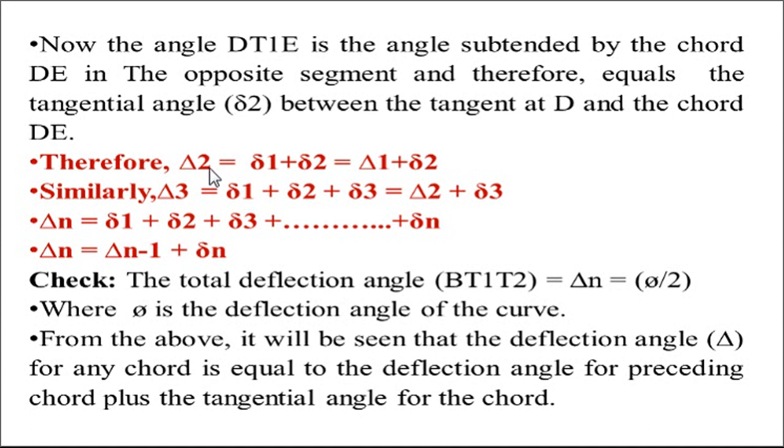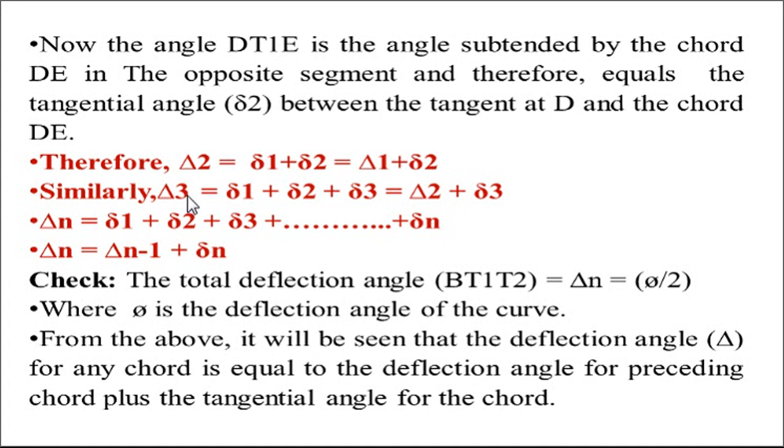deflection angle delta 2 is equal to small delta 1 plus small delta 2, and small delta 1 is nothing but capital delta 1, so we can write delta 1 plus small delta 2.